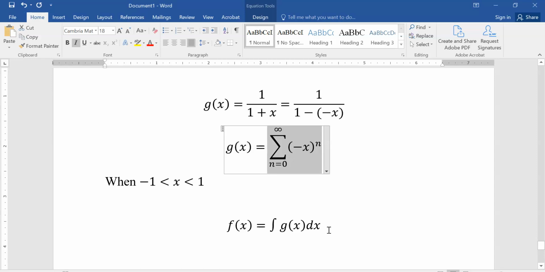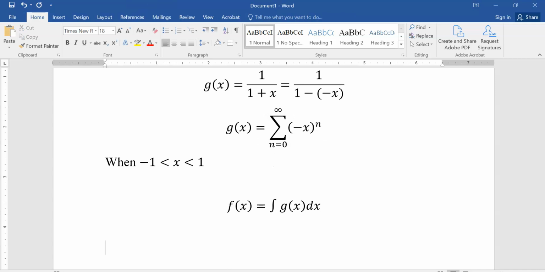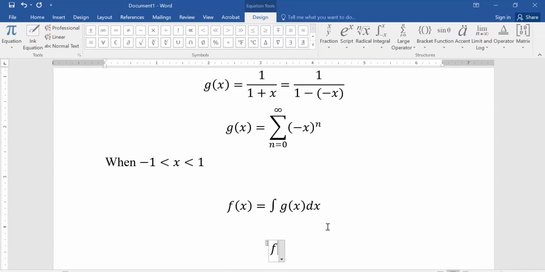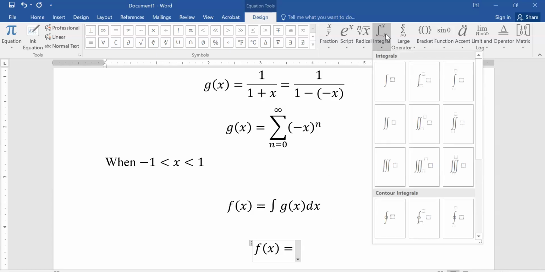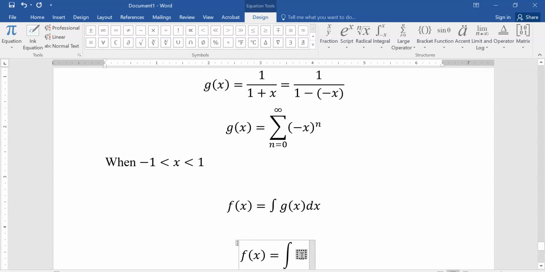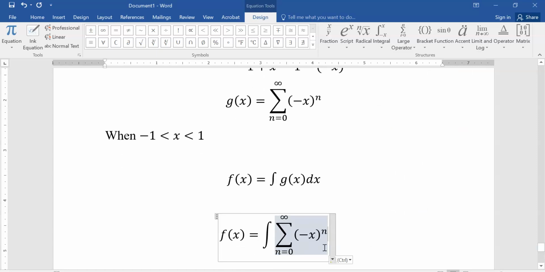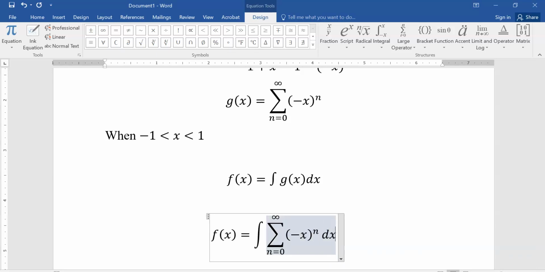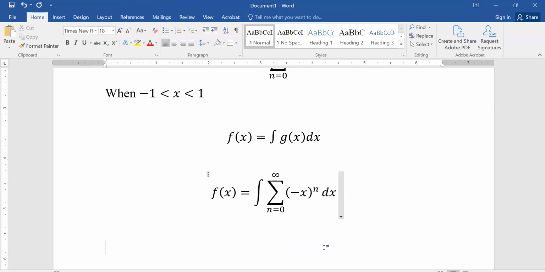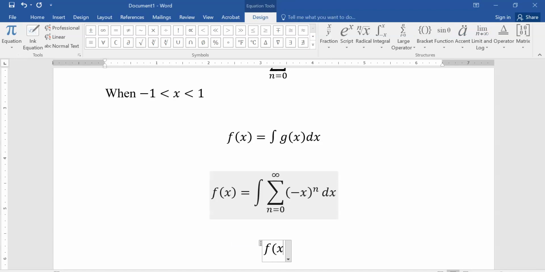So what I can do is say, well, therefore, f of x is going to be the power series I get when I take the antiderivative of this infinite sum. Again, this antiderivative is going to be with respect to x, obviously. Because of the properties of the antiderivative, f of x is going to be an infinite sum.